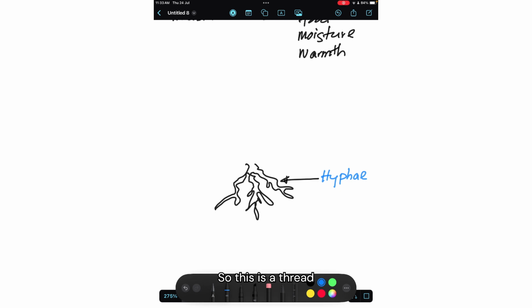This is a thread-like structure that spreads through the substance that the fungi is living on.